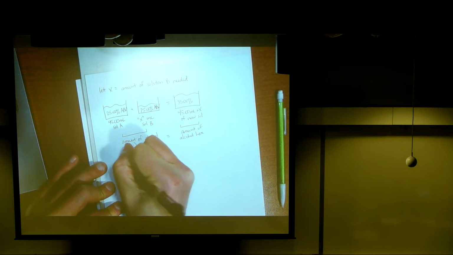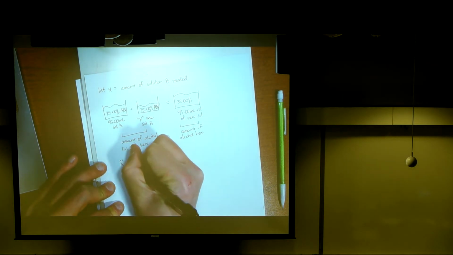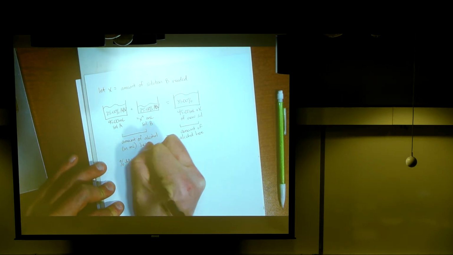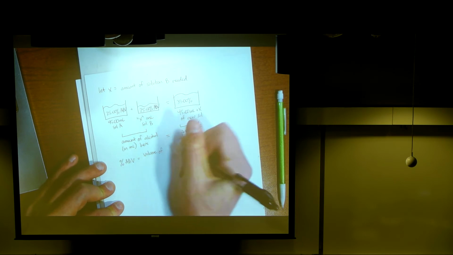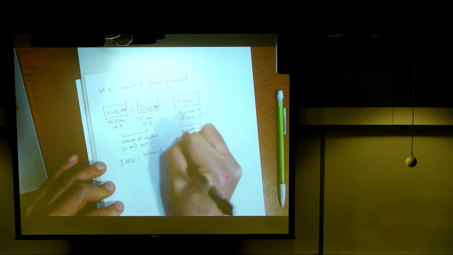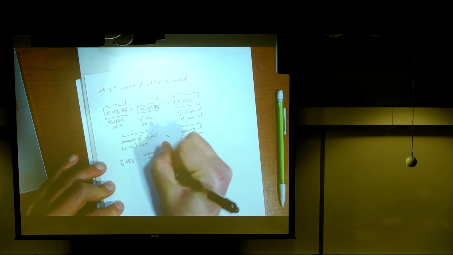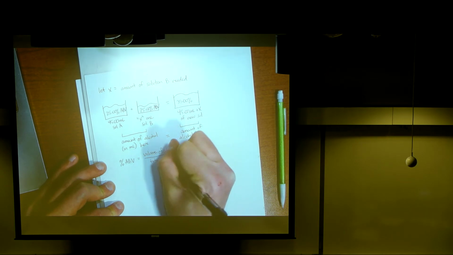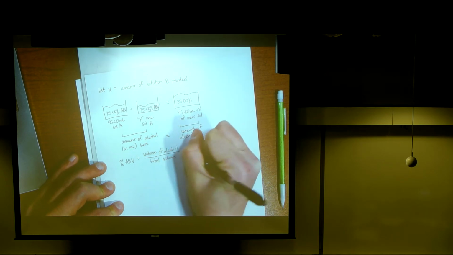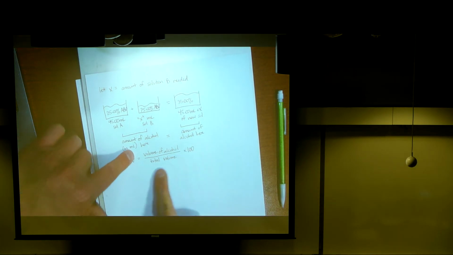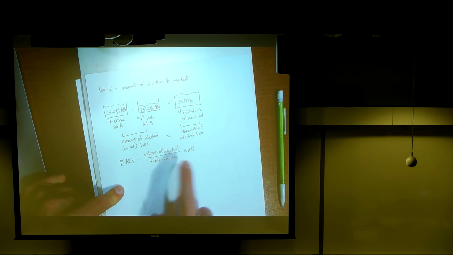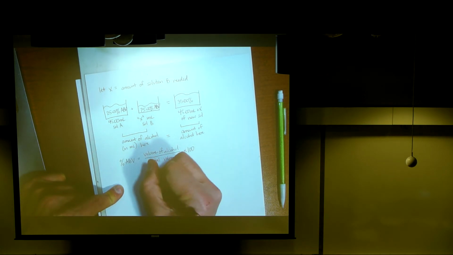Now, let's go back to the definition of percentage, percent alcohol by volume. That would be the volume of alcohol in a given mixture divided by the total volume. And then I'd multiply that by 100, right? Now we want to solve for the volume of alcohol in this formula.